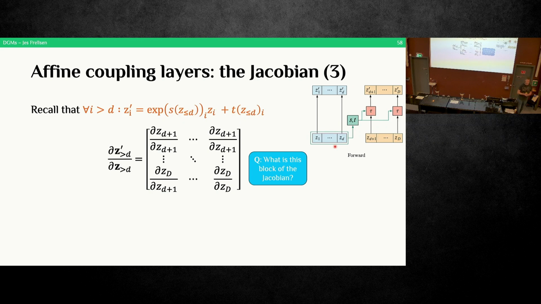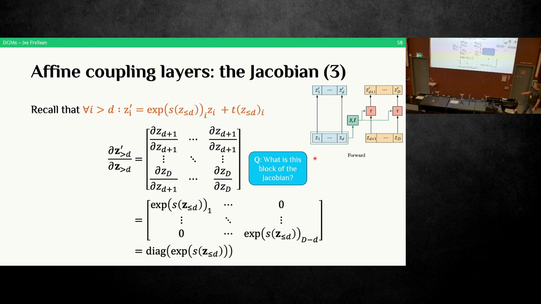What about the diagonal elements? What are they? Exponential of the scale network, exactly. All the diagonal elements are just the scale factor right here. If I take the partial derivative with respect to z_i, then it's just the scale factor right here, and the partial derivative of this guy is 0.